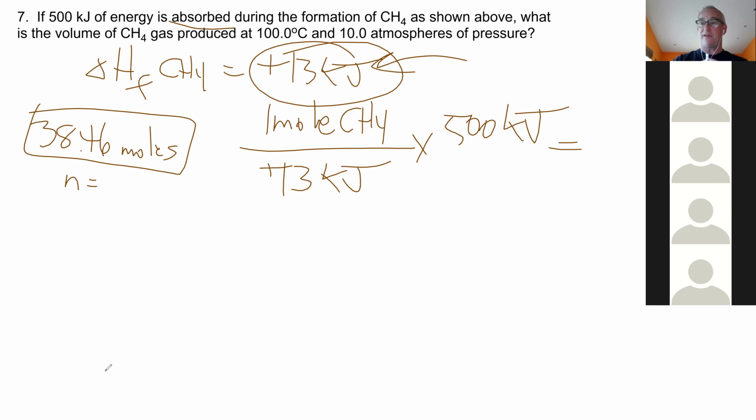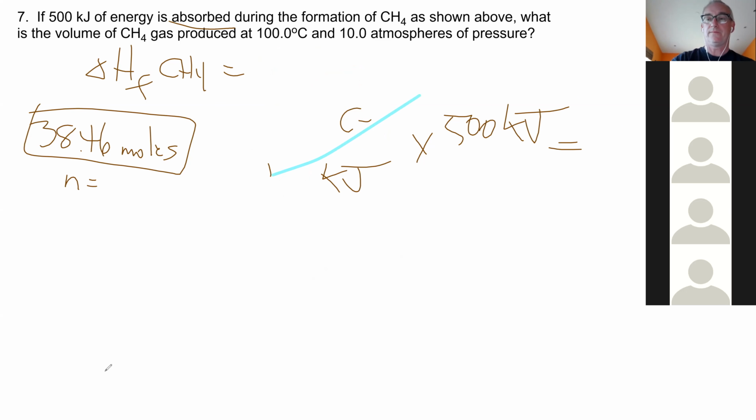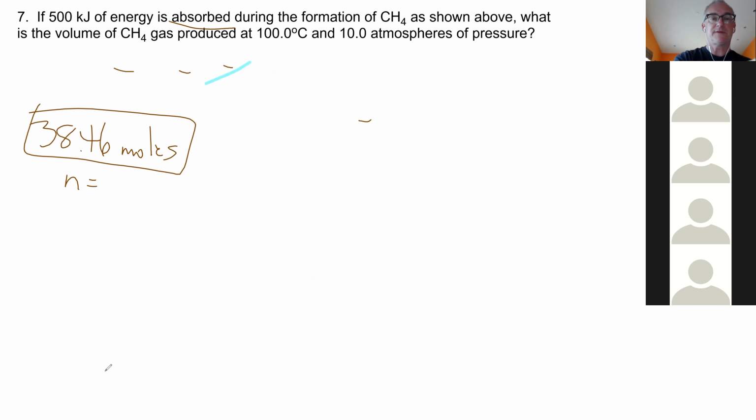If I put 500 of them in there, that's how many moles of methane I get out. So we used the thermochemistry to figure out the number of moles, and now we're going to use the gas law to figure out the volume. What's our gas law equation? PV equals nRT. Good old PIV-NERT.